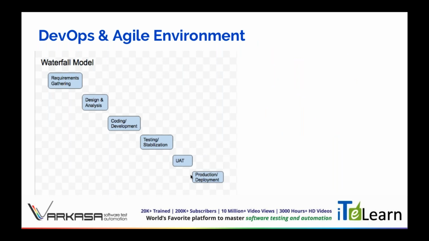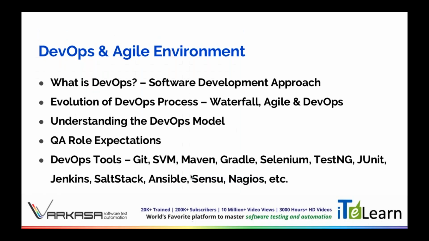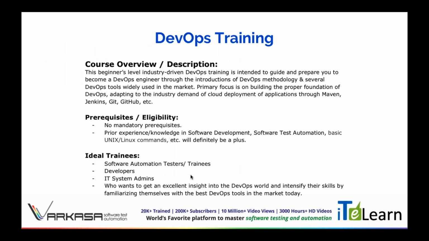If not, you can always get an idea by looking at our other videos for the QA process, our QA training or automation training, and you can get a good idea of the different models. But obviously you have to have an idea of how the software development project works, what the steps are. Of course, we're going to cover it here, but it would help if you have an idea.